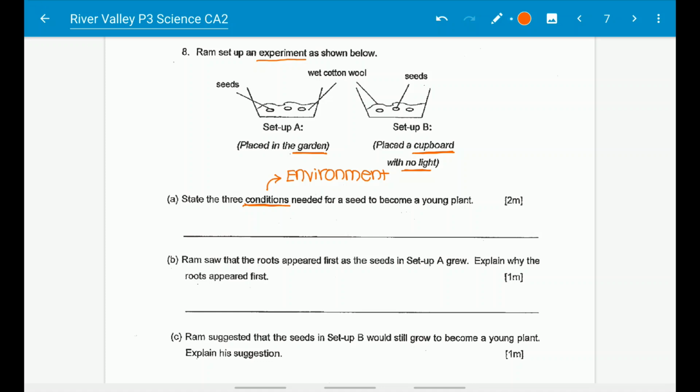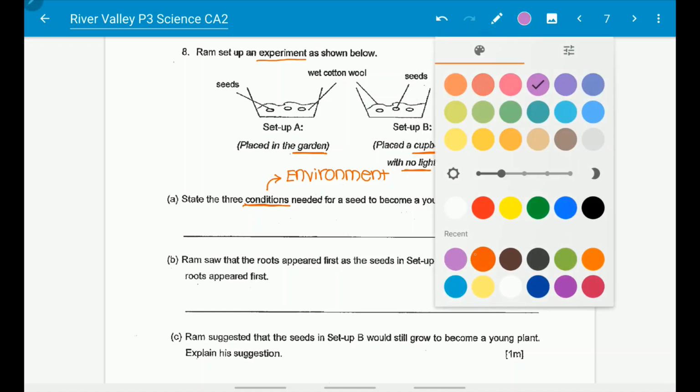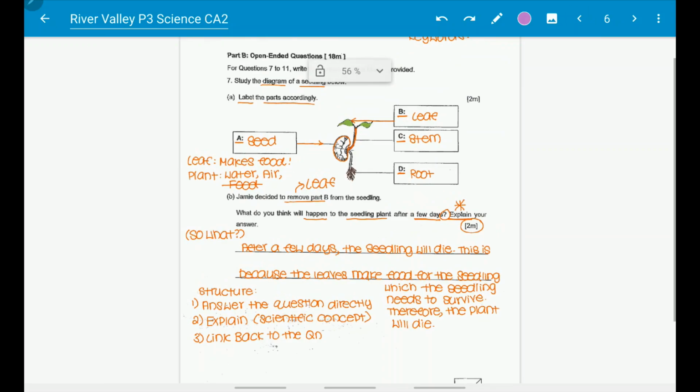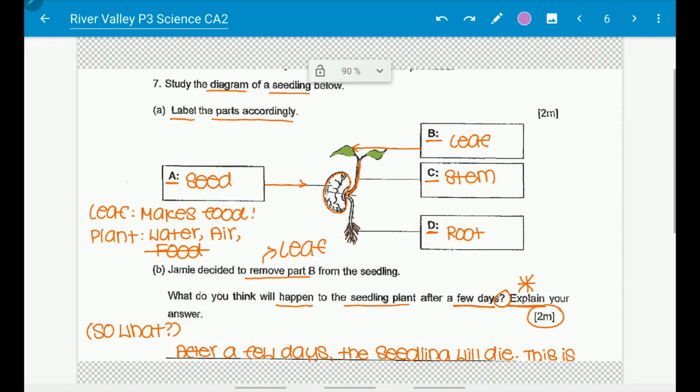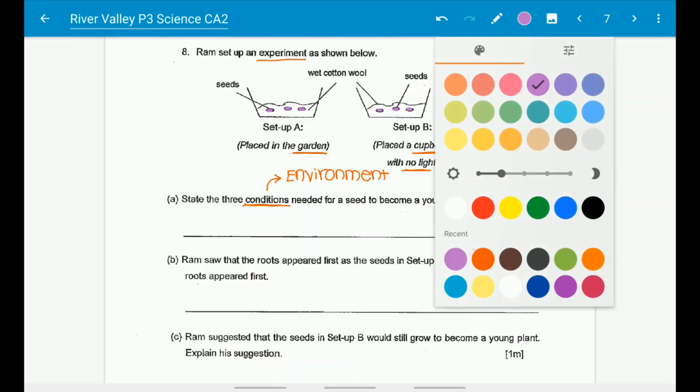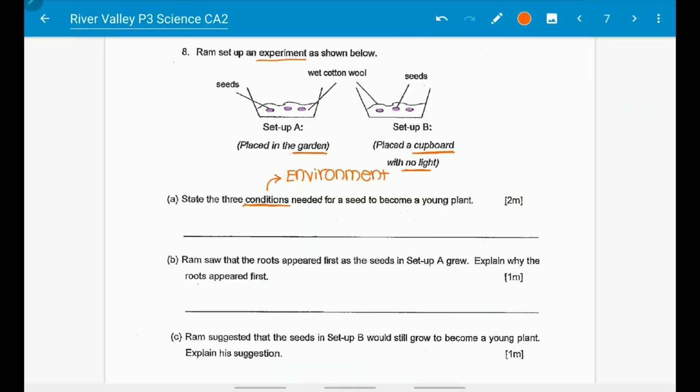Okay, and when we talk about seeds, right, we are only talking about these little round seeds. Okay, so it has not become a plant yet. So it has not grown into a seedling like in question 7. It is just the round little seed.